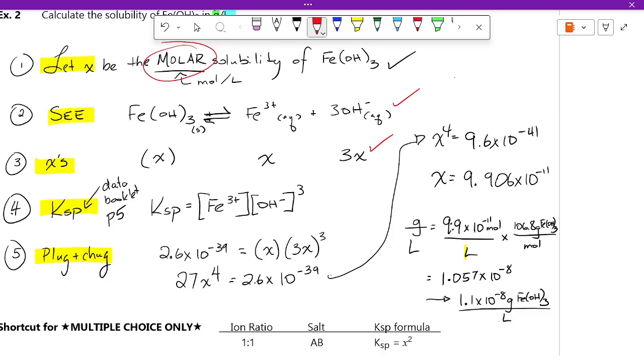Did you write your KSP expression, or did you just go chucking in X's without writing it? Did you plug everything in? And then did you solve for X? And then did you get your molar mass right and convert to that? And there you go. So that would be out of like 1, 2, 3. This would probably be out of 4.